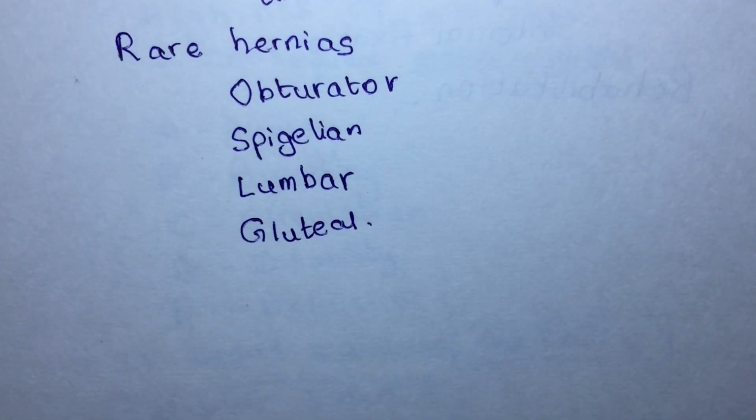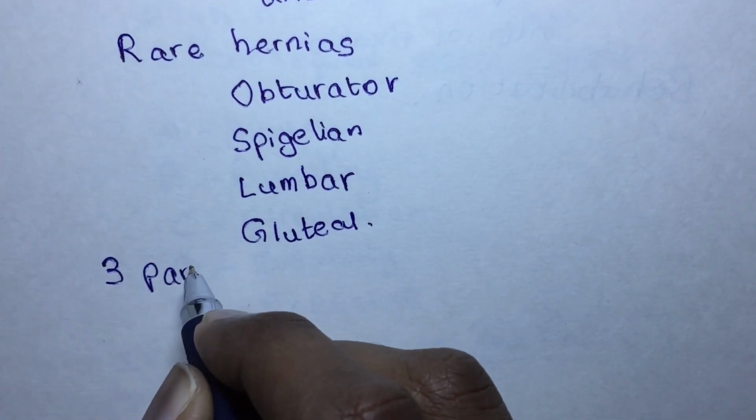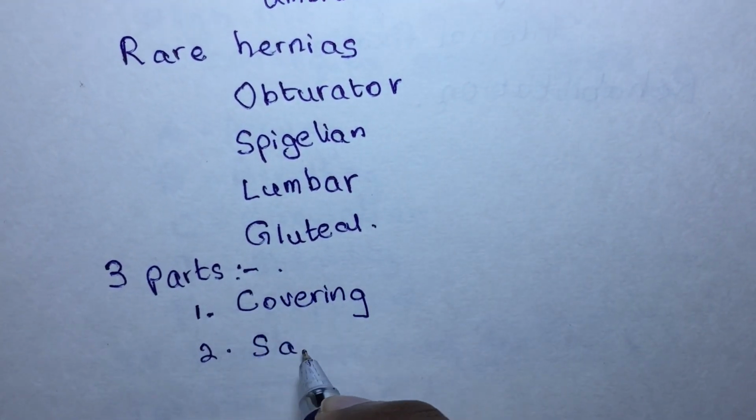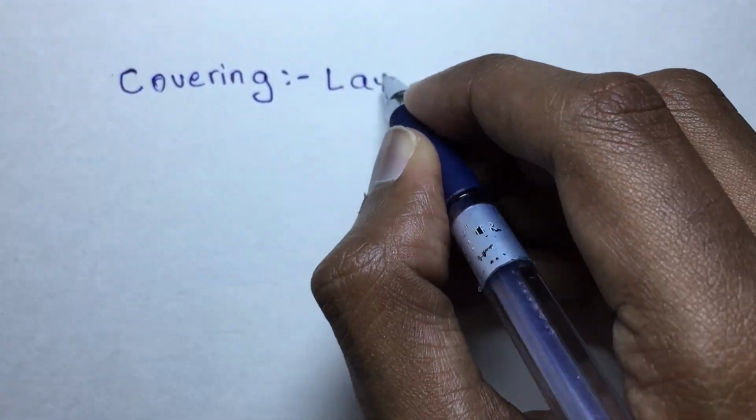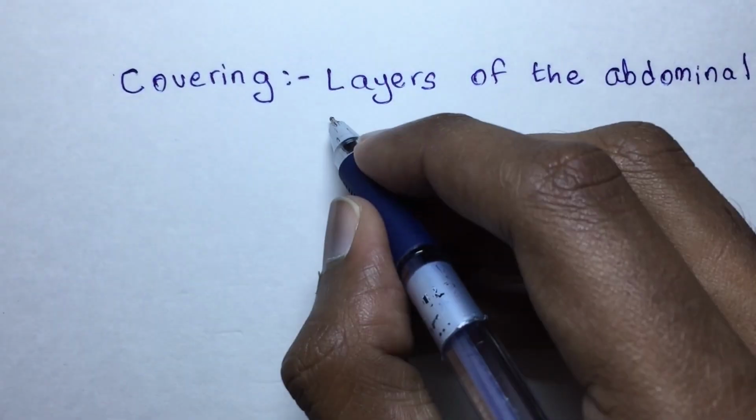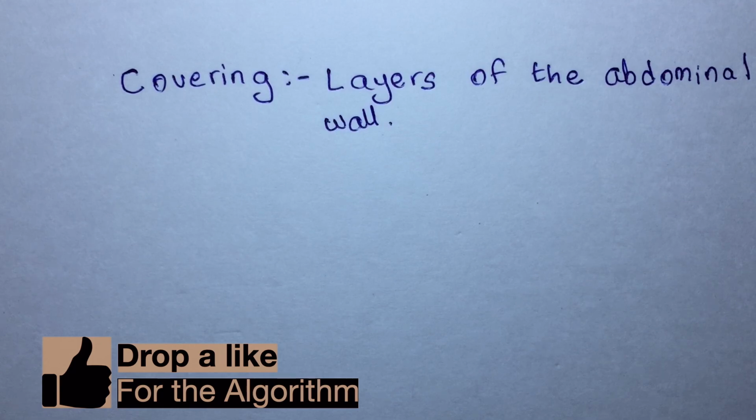There are three parts of a hernia: the covering, the sac, and the content. The covering is the layers of the abdominal wall through which the sac passes. Sac is a diverticulum of peritoneum.